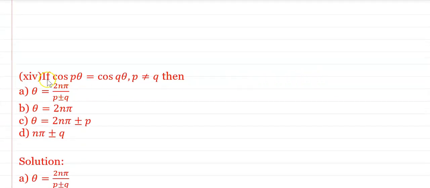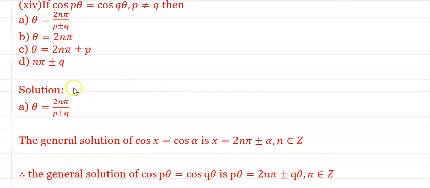Now the next, if cos p theta is equal to cos q theta, p is not equal to q, then okay, the answer is theta is equal to 2n pi upon p plus or minus q. Now how is it?